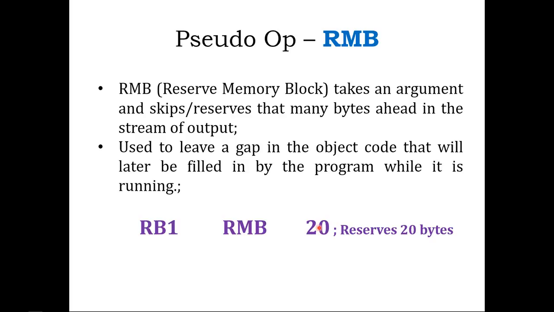In the low level language, you can exactly tell where things are happening, because you have more knowledge about the machine and memory, right? So you can tell where those 20 bytes are reserved, but there will be a block of 20 bytes reserved. Now this number you can choose whatever you want, right? You can just reserve 3 bytes, or you can say, I want to reserve 100 bytes, based on how many bytes you need.